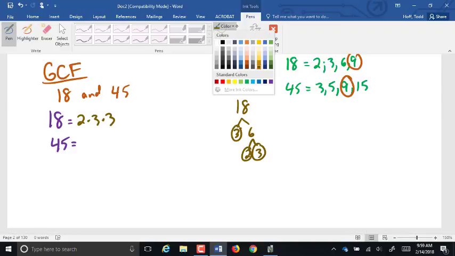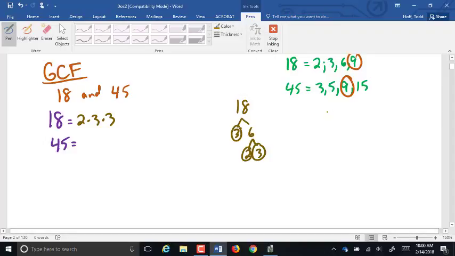If I do the same thing now for the 45, well, it ends in a 5, so I take out a 5. 45 divided by 5 is 9. 5 is prime, so I'm going to circle it. 9 can split into 3 times 3. Those are both prime. So 45 is 3 times 3 times 5.